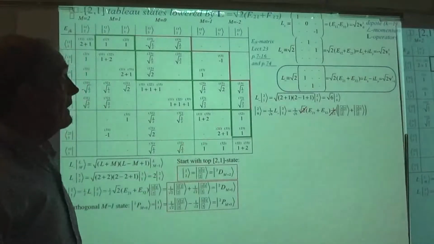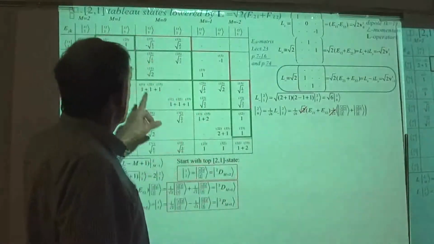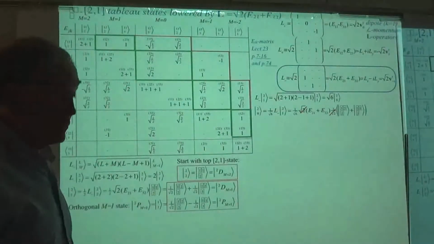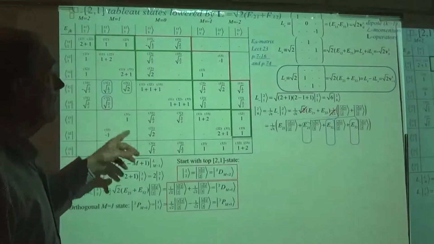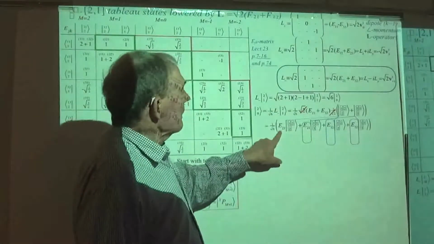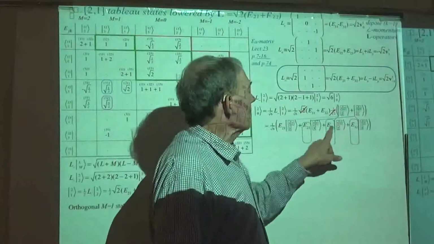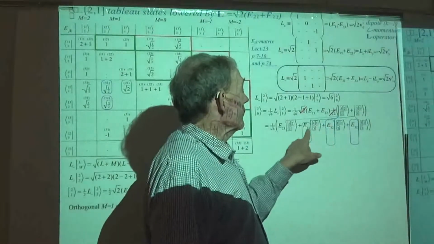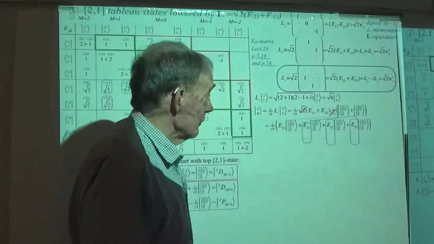And so applying the elementary operators, well, now it's not just 1, it involves some square roots of things, which I'll point out here. So we're going to be applying the operator 2, 1 to this tableau. We're going to apply it also to this one right here. So these are the 2 victims, and there are 2 operators that are in the lowering, so I have to do each of those.